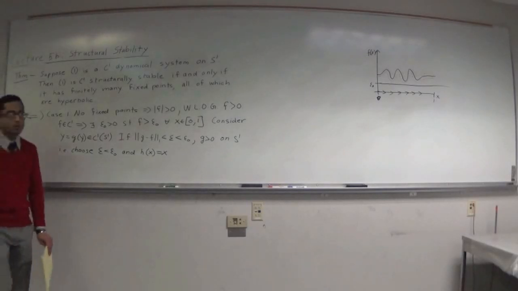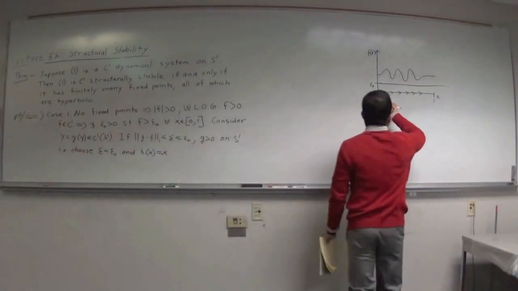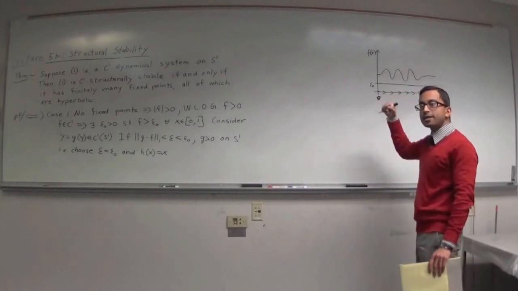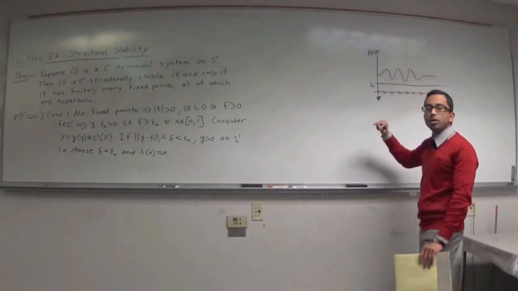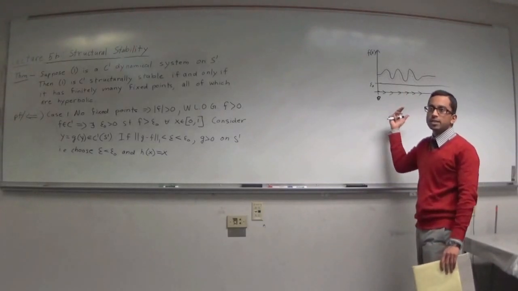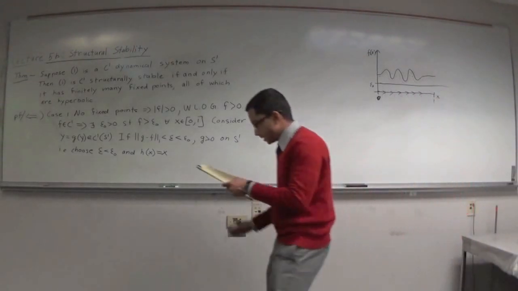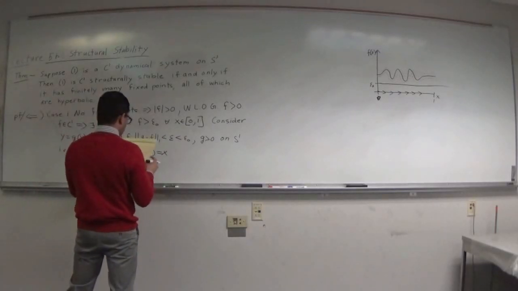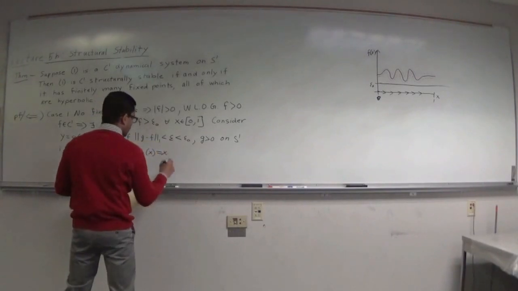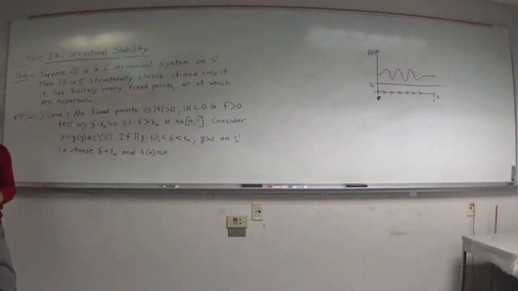All the orbits of f are going to map exactly to the orbits of g, if g is within this little ball, because they behave the same. So we can use the identity map. The identity map is a topological equivalence. So that's for no fixed points.